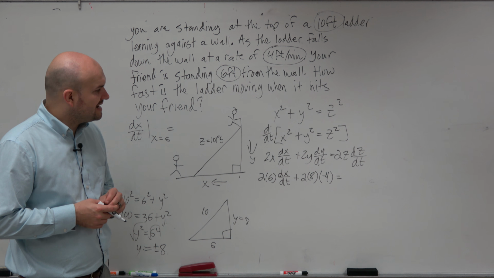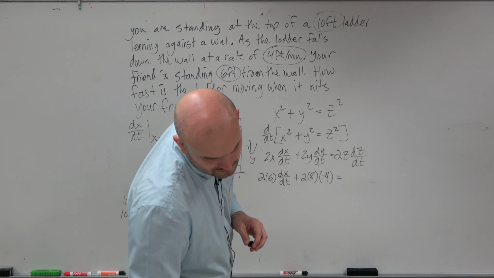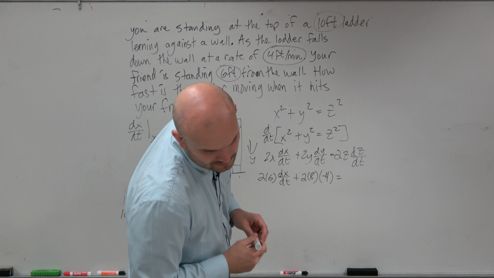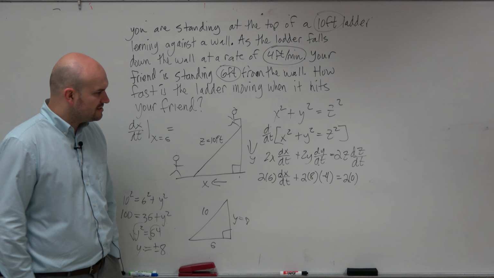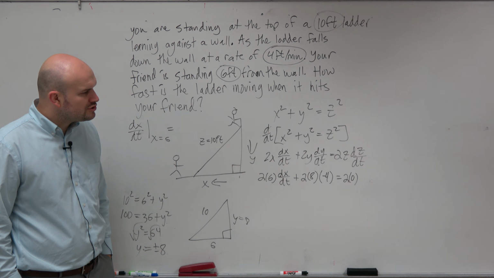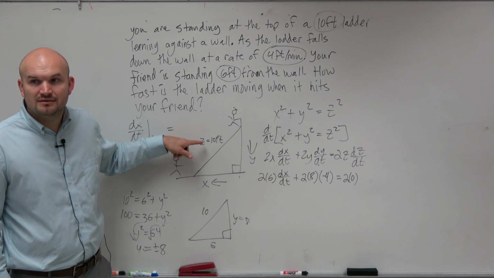And then the last thing in this case is 2z times dz/dt. So we could do 2 times 0. But in this case, guys, what's dz/dt? How much is this ladder changing?